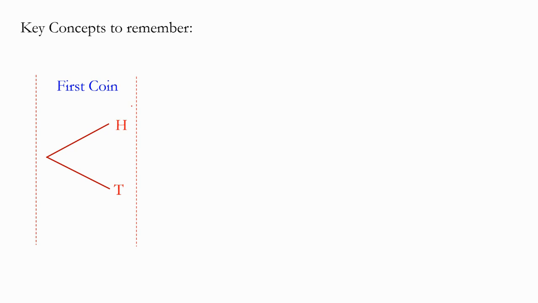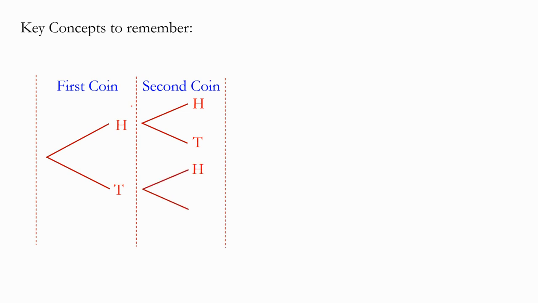These are the outcomes for the second coin. If we got tails from the first coin, then we'll get heads or tails from the second coin. So we have represented our outcomes on the tree diagram.